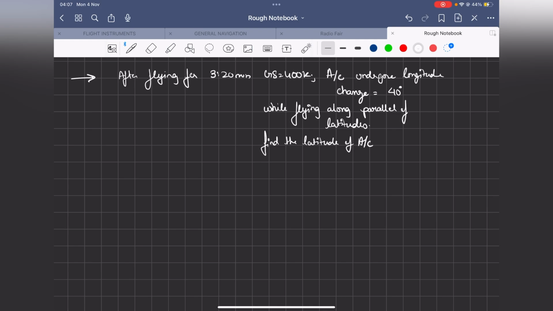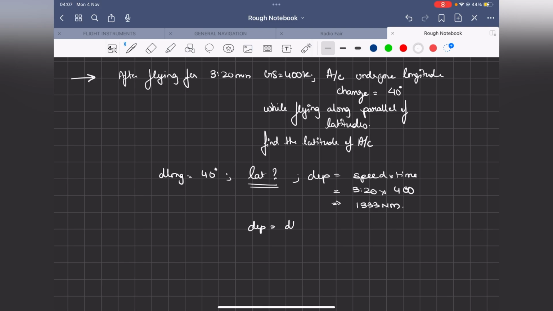So, I have been given the D-long to be 40 degrees. I don't know what latitude I'm at, but I know my departure. How? I just do speed into time, which is in my case 3 hours 20 minutes into 400 knots. So how much is that going to give me? It's going to give me 1,333 nautical miles. Alright, so departure is equal to D long into 60 into cos of lat.